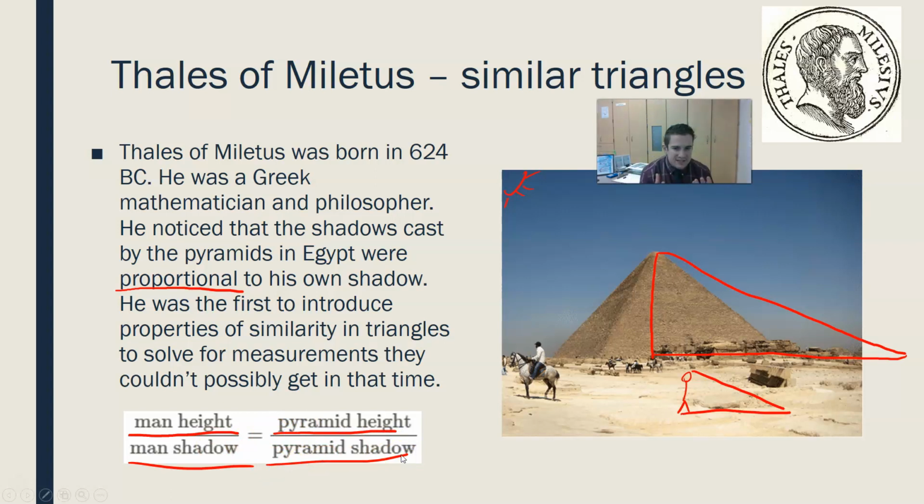So he noticed that the two triangles, formed from the top of their heads and the top of the pyramid to the end of their shadows, were similar triangles, meaning that the ratios of their corresponding sides were equal to each other. So he could calculate how tall the pyramids were without taking a tape measure up to the top. He could figure it out using these properties of similar triangles.